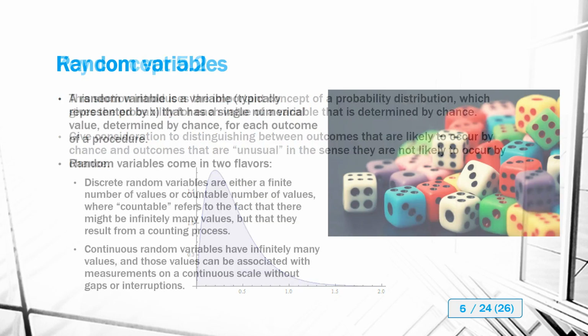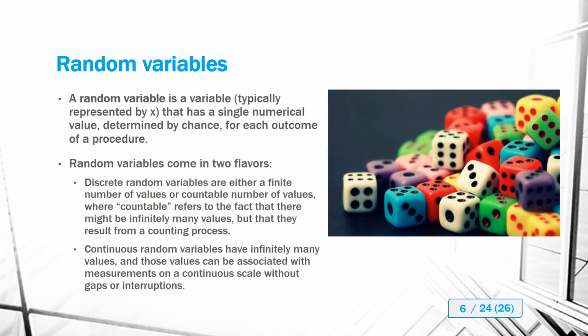So first we need to understand random variables. If you're talking about probability distributions, this is the first thing you need to understand. A random variable is essentially a variable that has a single numerical value. It's determined by chance, and it represents the outcome of a procedure. Typically, we use the letter X to represent random variables.